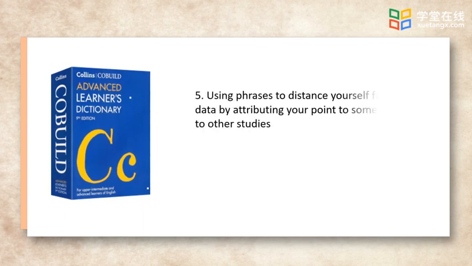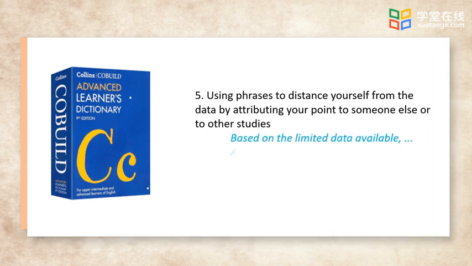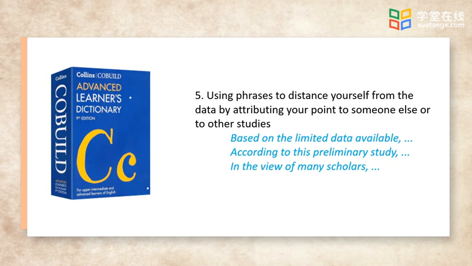Number 5. Using phrases to distance yourself from the data by attributing your point to someone else or to other studies. For example, based on the limited data available, according to this preliminary study, in the view of many scholars.